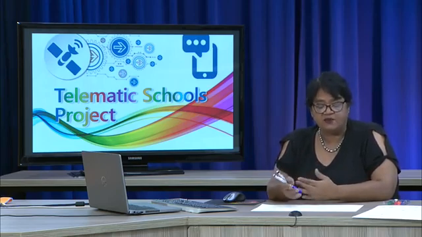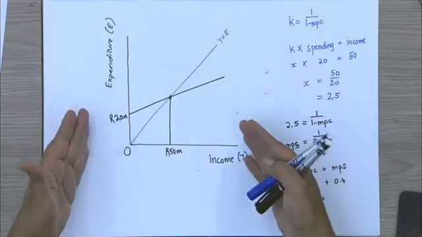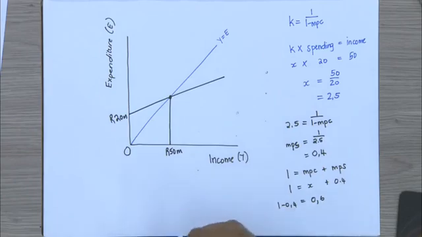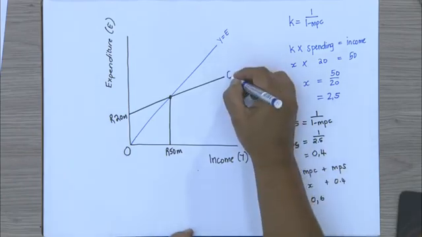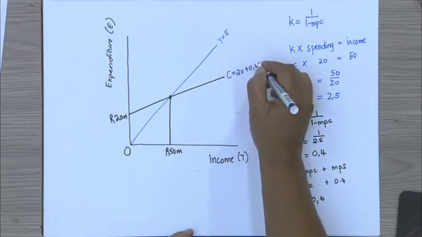Alternatively, you can be given a graph such as this one, and they will say to you, now draw in the new consumption function. So we can now fill in this consumption function, which will be 20 plus 0.6y.